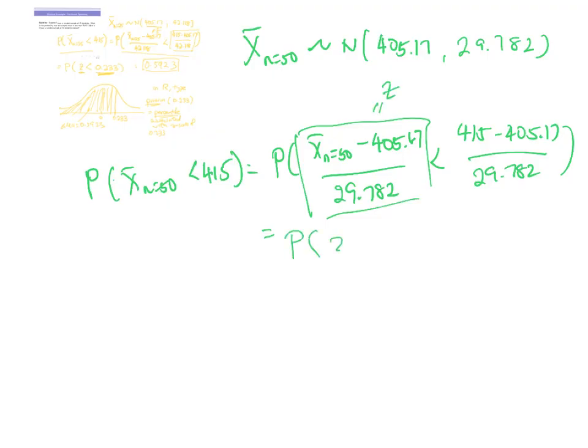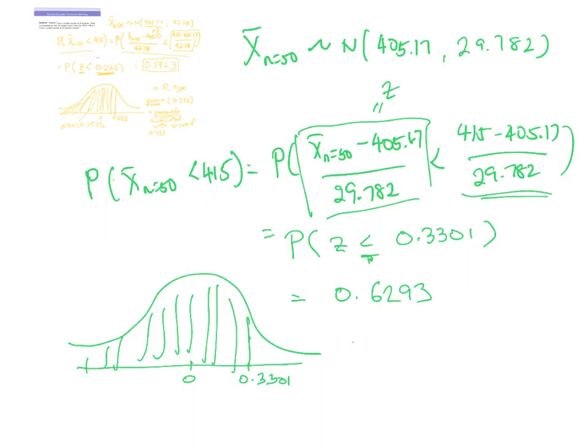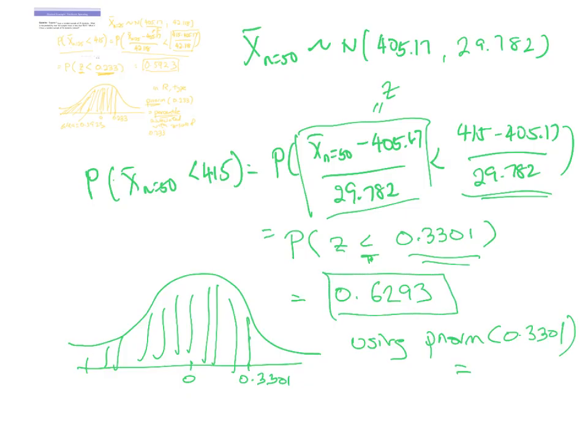So the probability that your standard normal is less than, if you evaluate this numerically, a z-score of 0.3301. We want the probability that is less than that, so this is the shaded area we want to find. If you work this out, it is 0.6293, by typing pnorm with our z-score of 0.3301. That's how we work some of these probabilities.